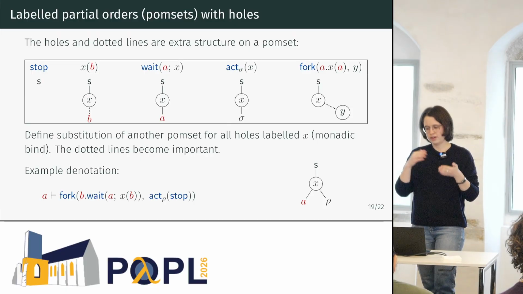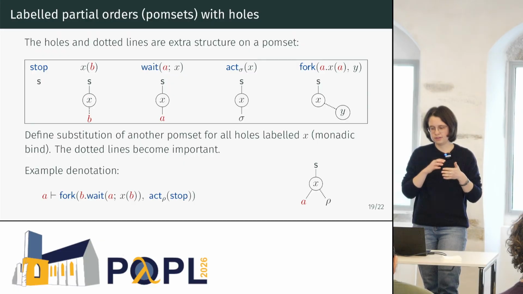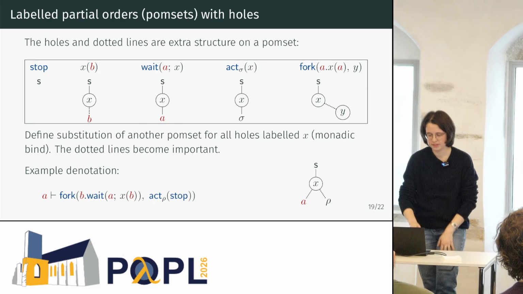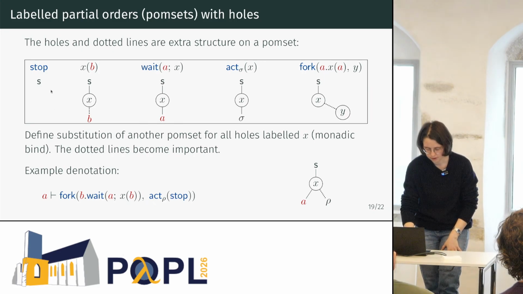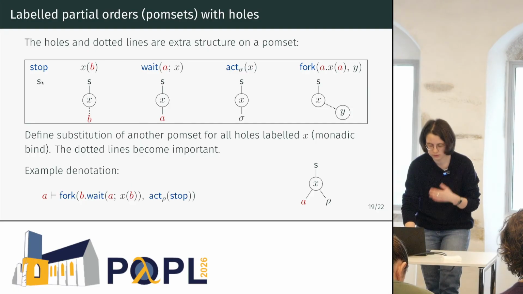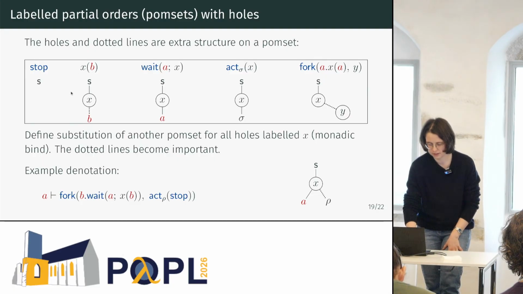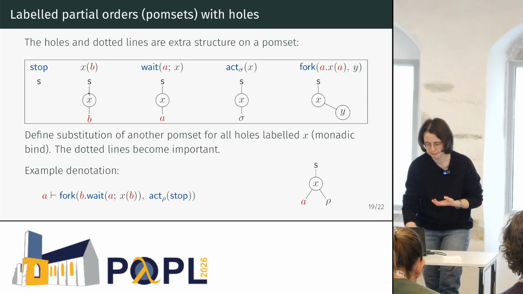There is a way to interpret each of the operations as a POM set. So stopping is represented just as a POM set with one element that has this special label for stop. Then a variable is represented as a hole labeled by x.